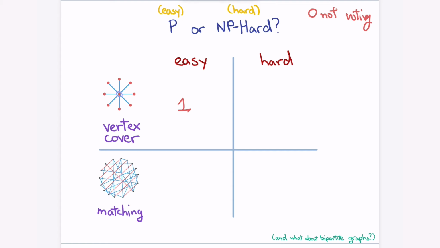And who thinks that it's going to be NP hard? Now let's go to matchings. Who thinks that we'll get a polynomial time algorithm? And who thinks it will be NP hard?